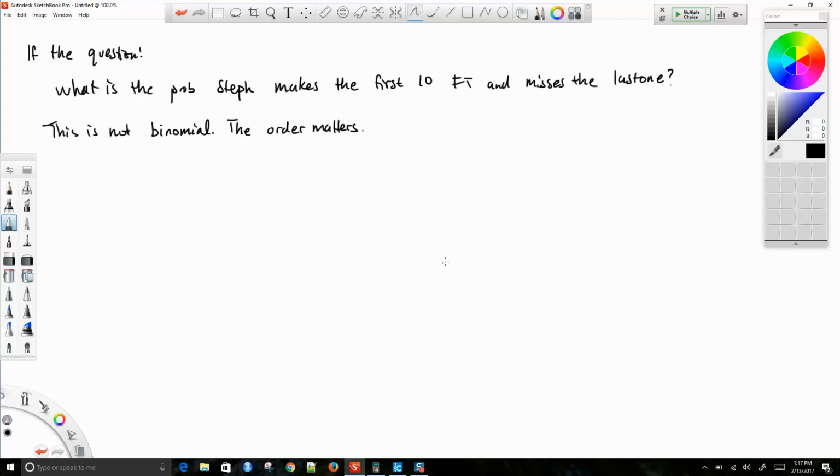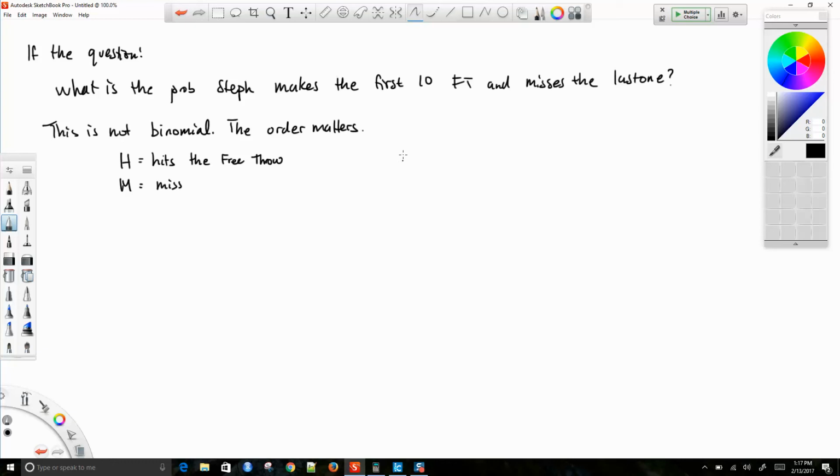Okay, and so we'll say H will be hits the free throw, meaning he makes it, and then M will be miss.